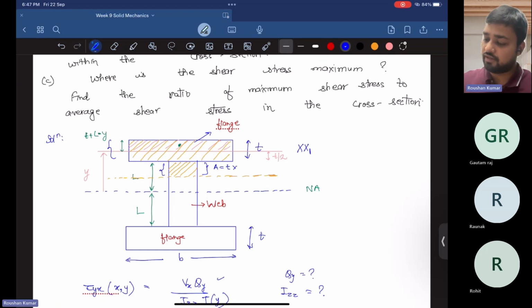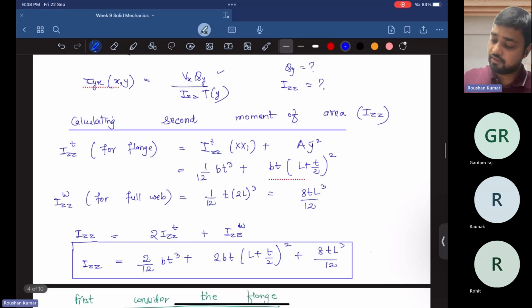So this is our l and this is the distance. So it becomes t times (l minus y). Okay, the area is given by t times (l minus y).